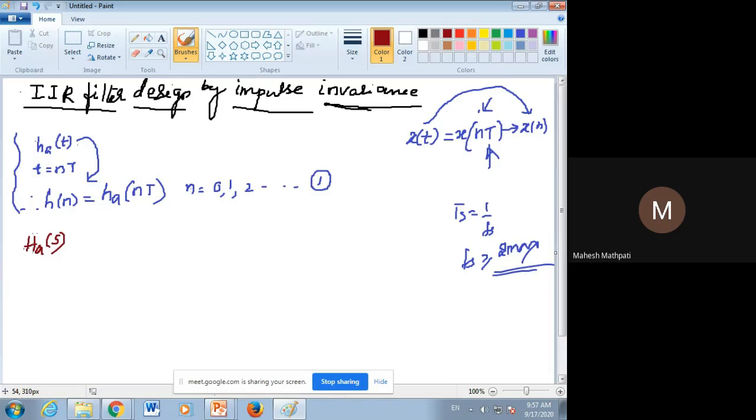Let us assume that the poles of the analog filter are distinct.